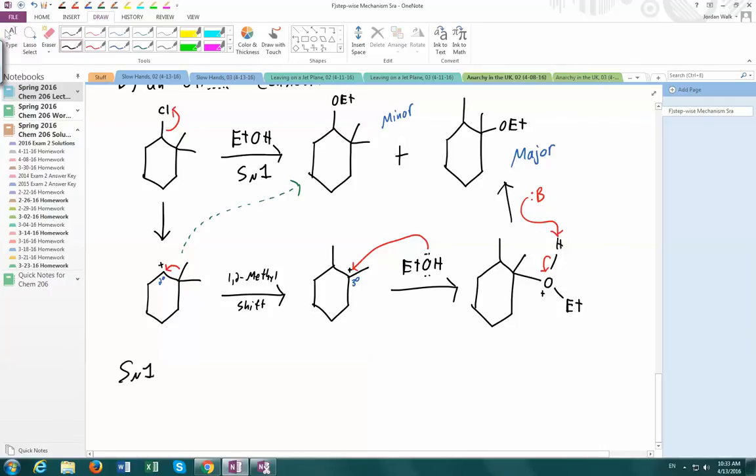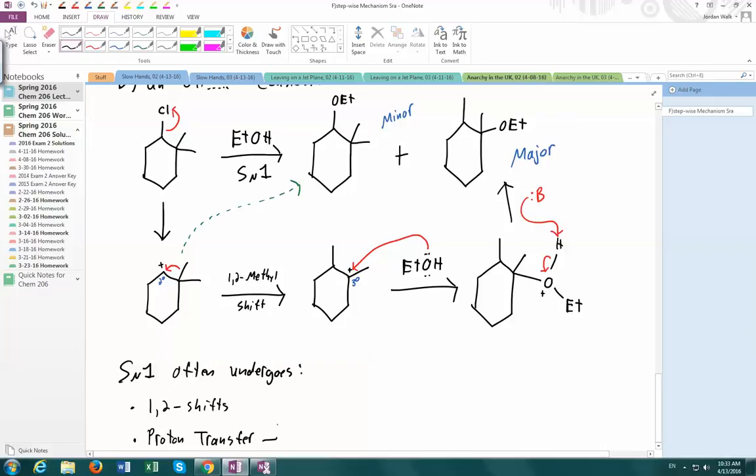All right, so what we'll say is that SN1 often undergoes 1,2 shifts, and they often undergo proton transfers. And so that's just a protonation or a deprotonation step, such as in this last one right here. We've transferred our proton from here onto our base.